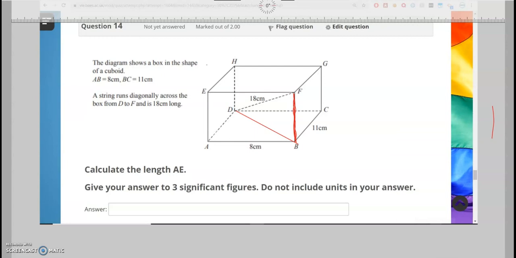So I will use the information that I have, because this is 8 and this is 11 centimeters.